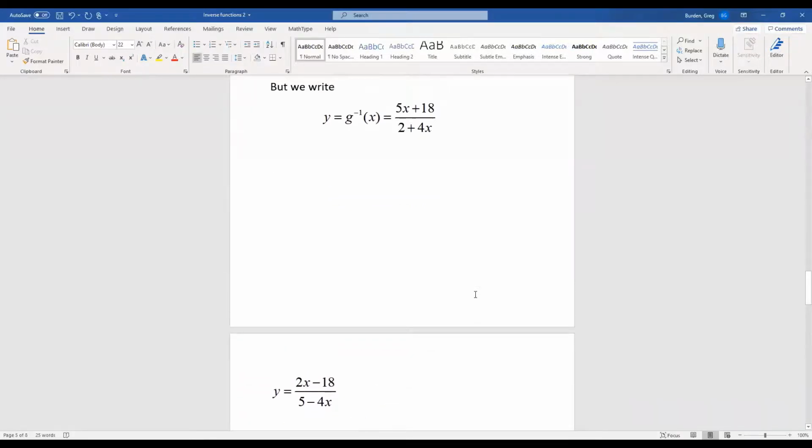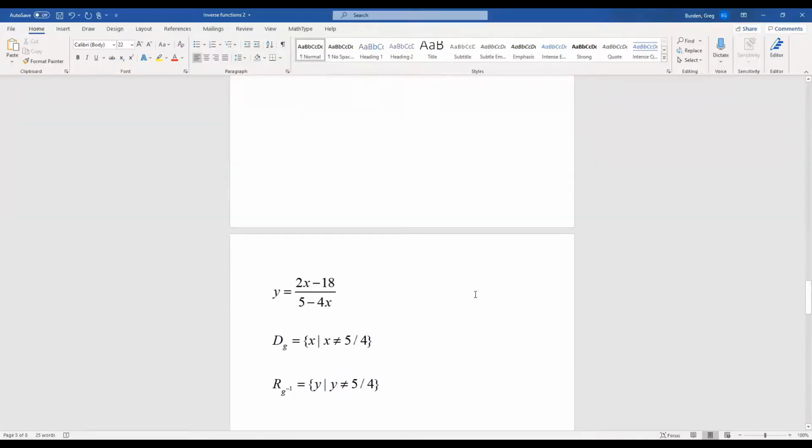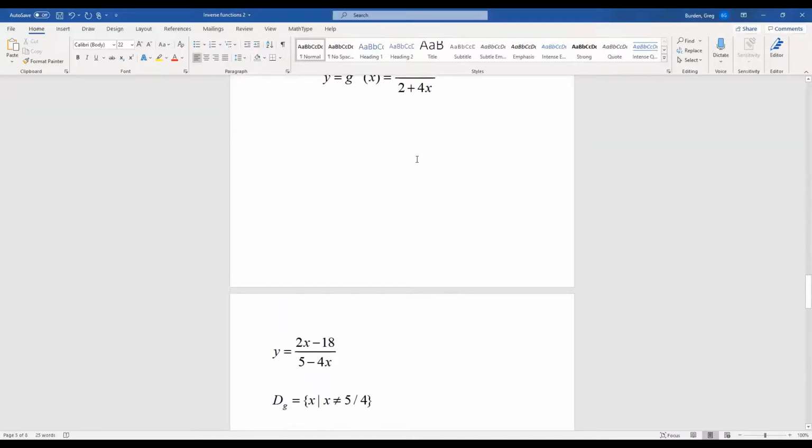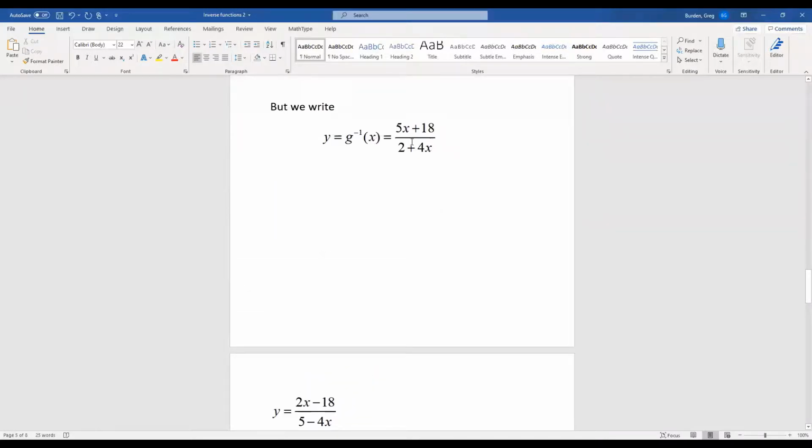Okay, so I'm not really going to go through all of the algebra checking that this is actually the inverse. You could do a quick check by plugging in, let's say, if x is 0 here, what do you get for y?